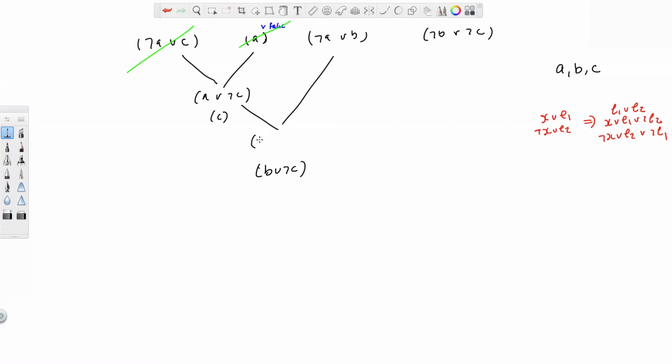So I'm going to have not A or B, and I'm going to have to add something, and I'm going to have A or not C, and I have to add something to it. So can you help me fill in what I should put in here?